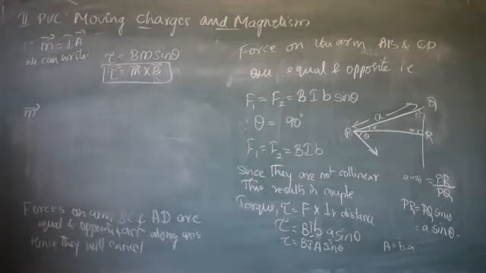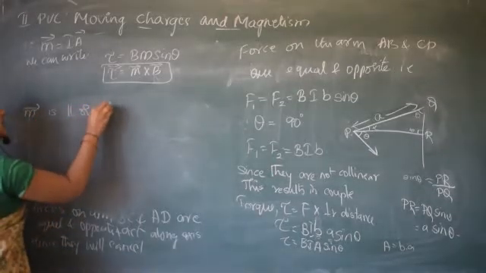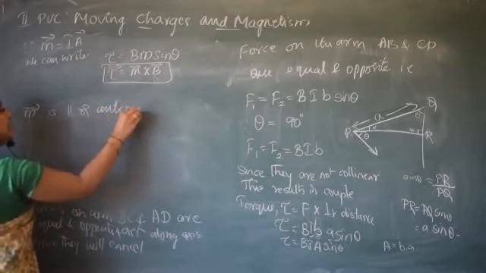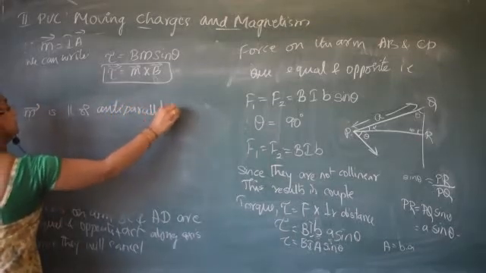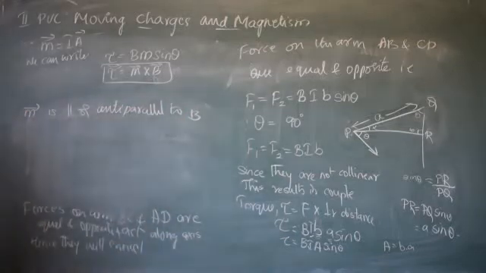When M vector is parallel or anti-parallel to the magnetic field, tau becomes 0.